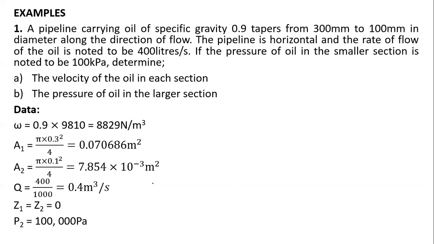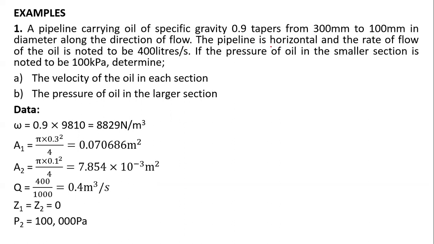Now, having discussed that, let's look at some applications of fluid dynamics or Bernoulli's equation. Now we try to apply this. Here we have been given a pipe which is carrying oil, specific gravity 0.9. Then we're told the diameter is reducing from 300 going all the way to 100 along the direction of flow.